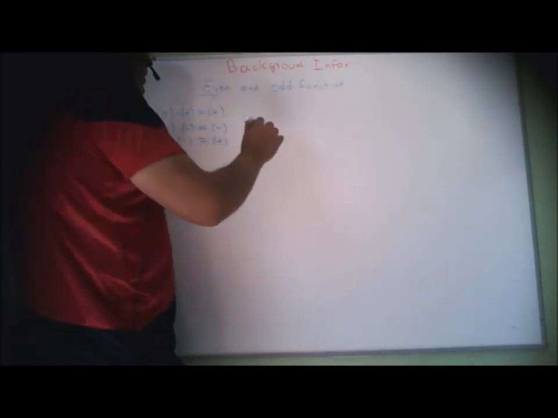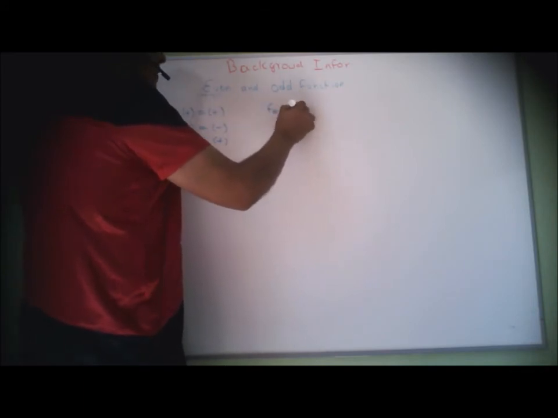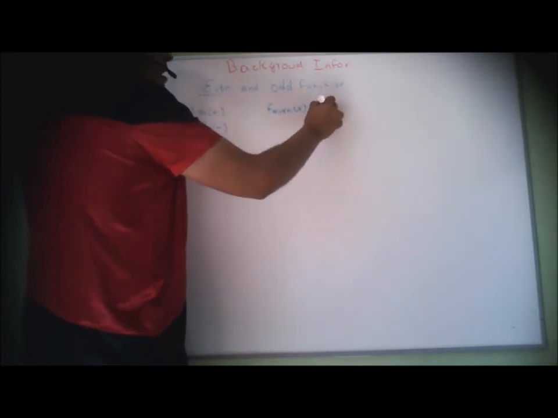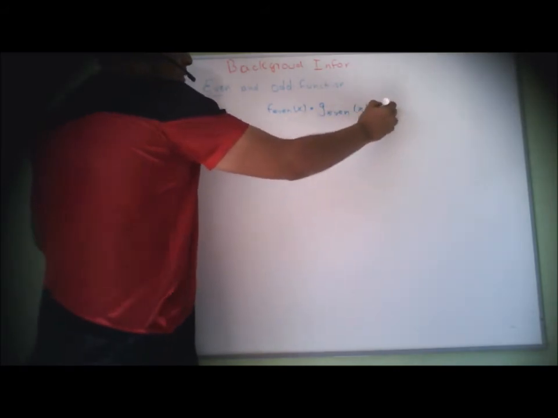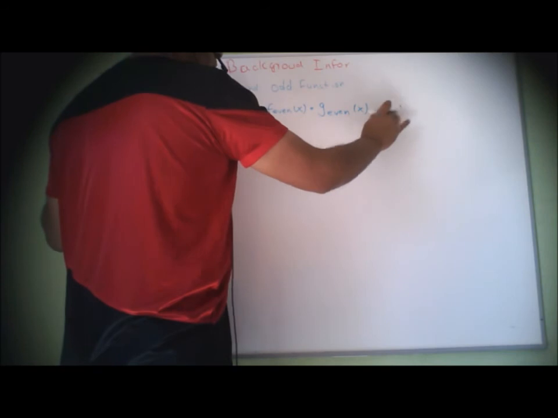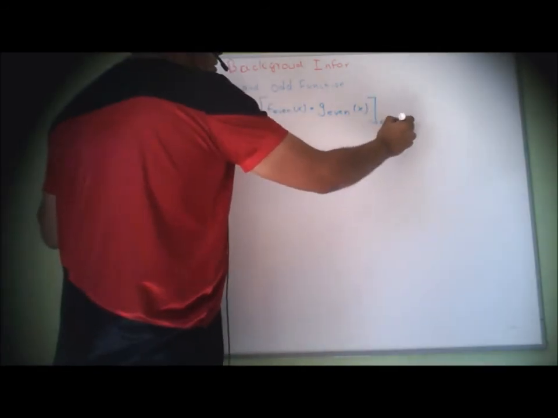Okay, now what happens here is that an even function of x times another function that is also even, the result of this multiplication is going to be even.